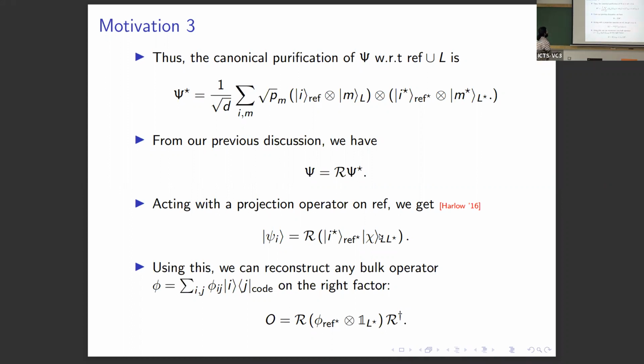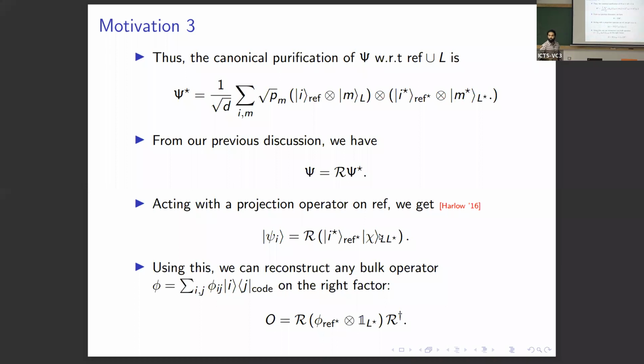Okay, you couple it together with the L star side of the CFT state using this reflection operator, and that's what gives you back the bulk state that you were interested in. Okay? This formula here is basically Harlow's reconstruction formula. The way Harlow thinks about AdS/CFT as quantum error correction, this is just that formula.